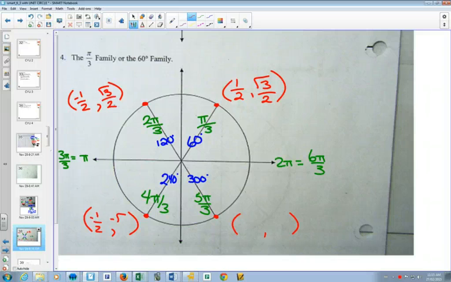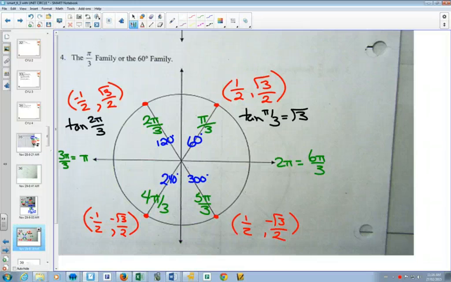Here both the x and the y-coordinate are negative. And finally, the x-coordinate is positive and the y-coordinate is negative in quadrant 4. Tan of pi over 3 is root 3. So now you just have the same values, but use your CAST rule.